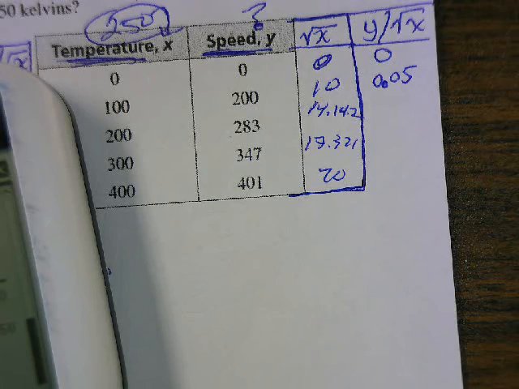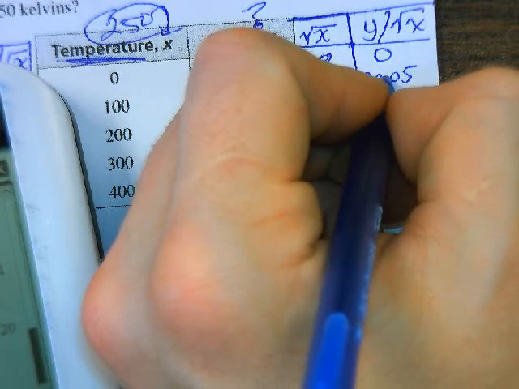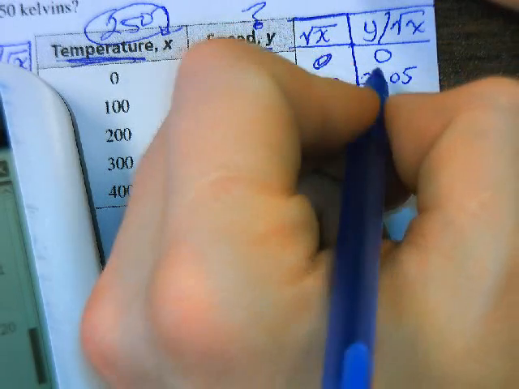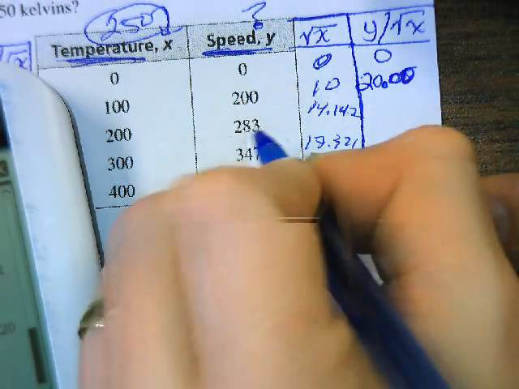So again, we've got 200 divided by 10, that gives us 20.00. 283 divided by the 14 here is going to give us 20.011.